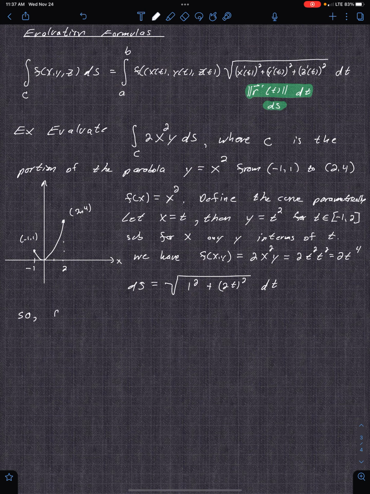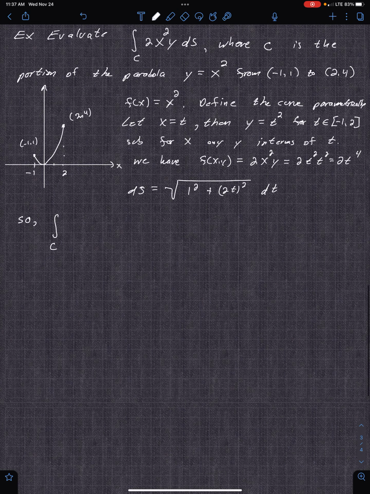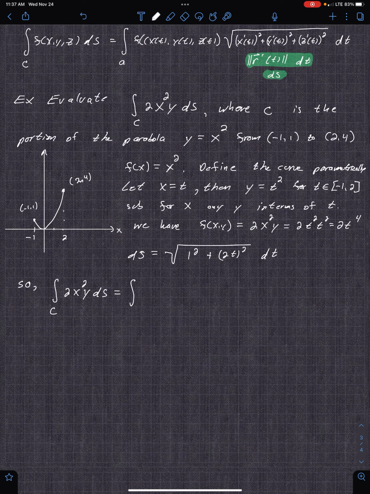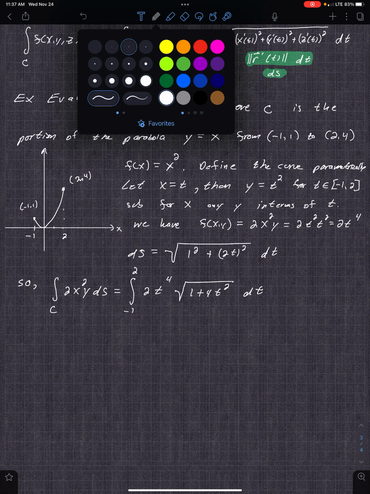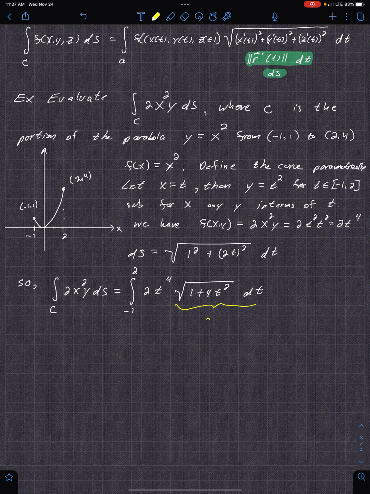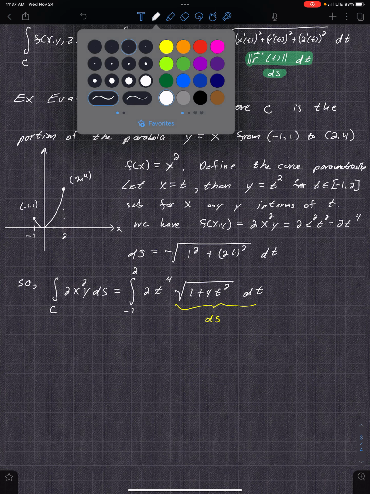So the integral over C of 2x squared y ds is equal to the integral, where t goes from -1 to 2, so those are your limits, of 2t to the 4th times ds, which is the square root of 1 plus 4t squared dt. That's your ds. You always have to calculate and figure that out.